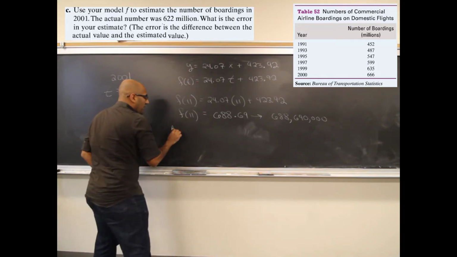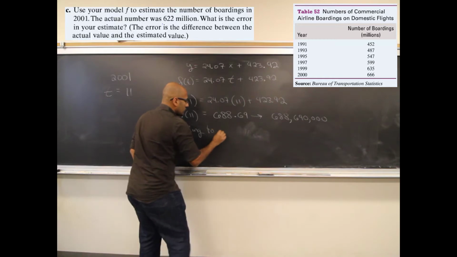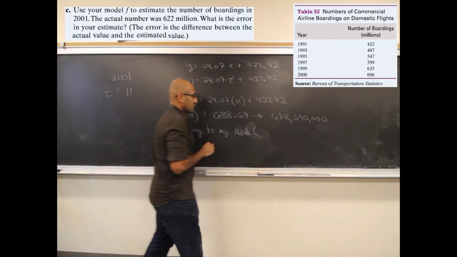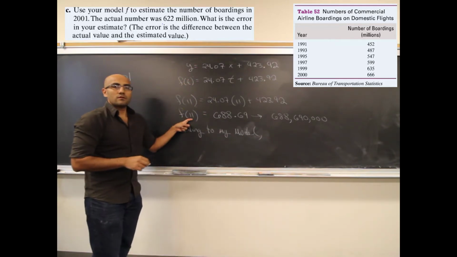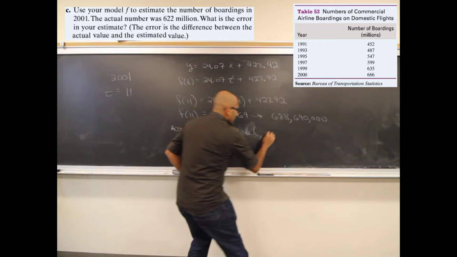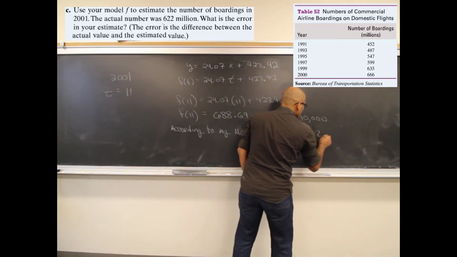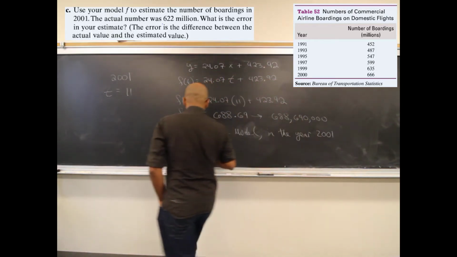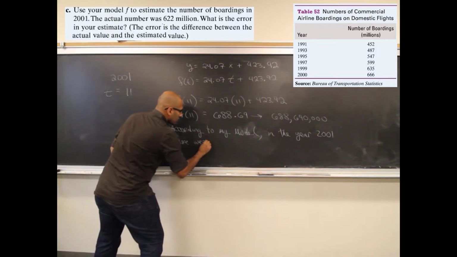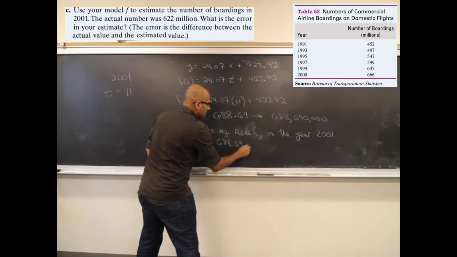A sentence that you might be asked to put together is this. According to my model, in the year 2001, there were 688.69 million.